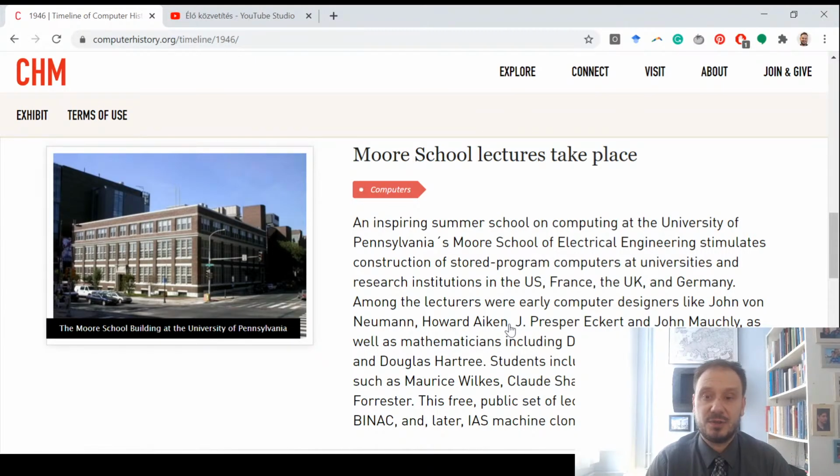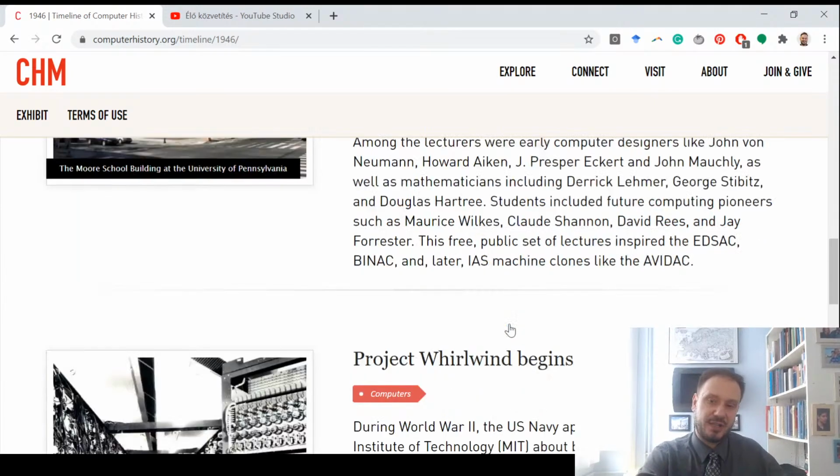Students included future computing pioneers Claude Shannon and Jay Forrester. These free public lectures included the EDSAC, BINAC, later IAS machine, and clones like AVIDAC. So as you can see, from lone wolves working as pioneers, there became computer schools where people would gather and share their knowledge.